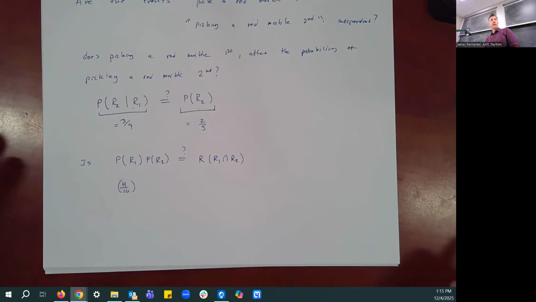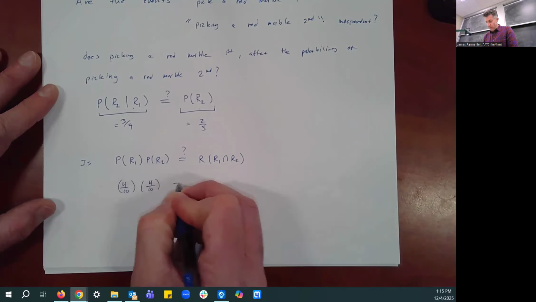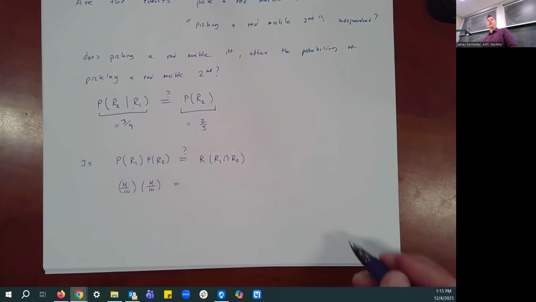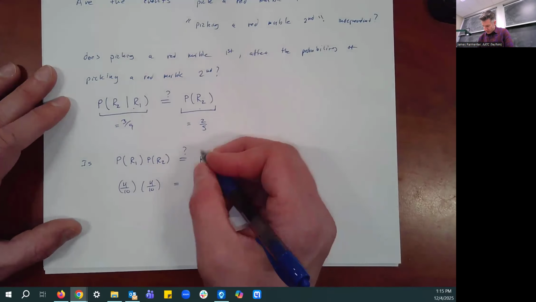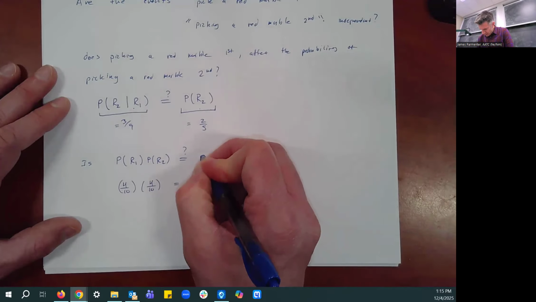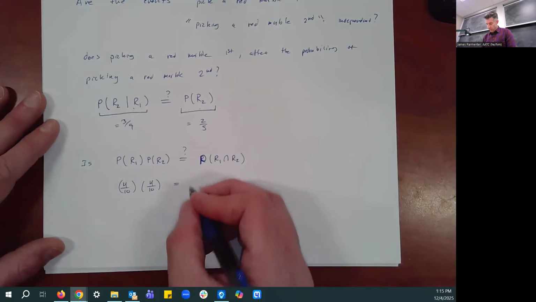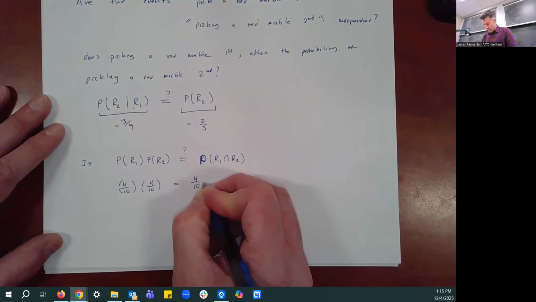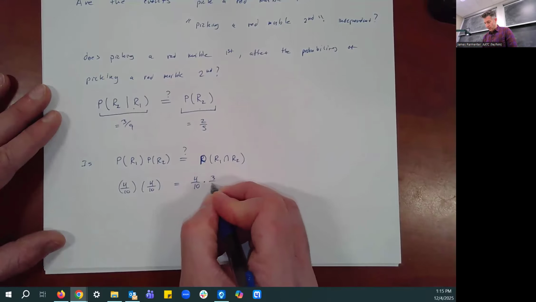And we calculated the probability of picking a red marble second is also 4 out of 10. But the probability of picking a red marble first and a red marble second is going to be 4 out of 10 times 3 out of 9. Oh, definitely not the same.